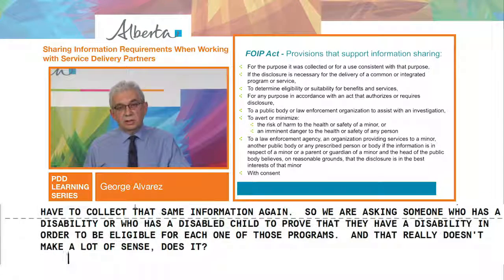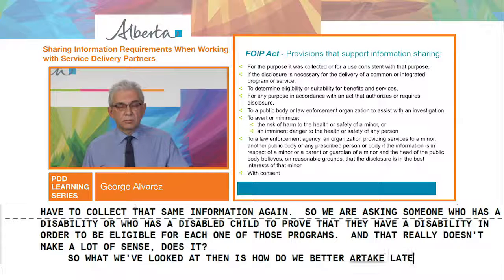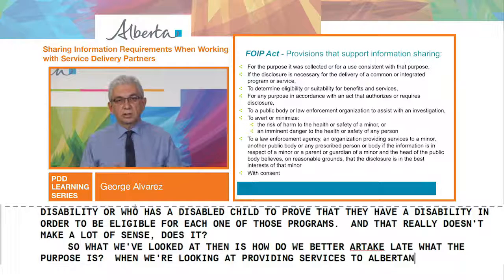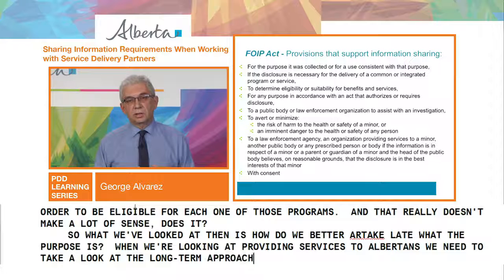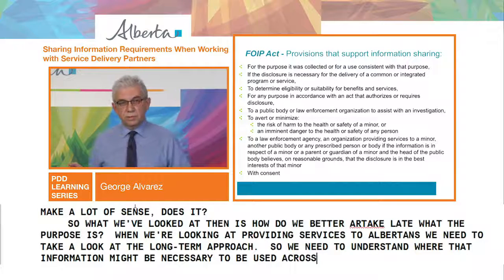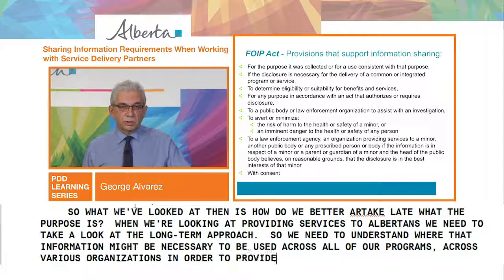So what we've looked at then is how do we better articulate what the purpose is? When we're looking at providing services to Albertans, we need to take a look at the long-term approach. So we need to understand where that information might be necessary to be used across all of our programs, across various organizations, in order to provide the best supports possible.